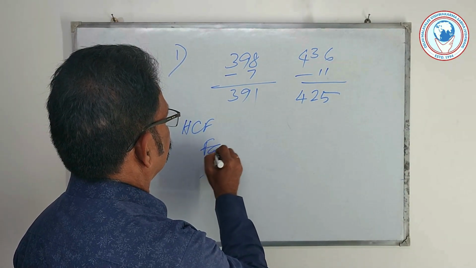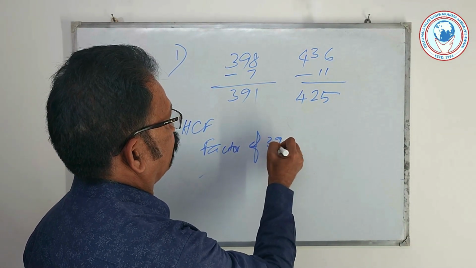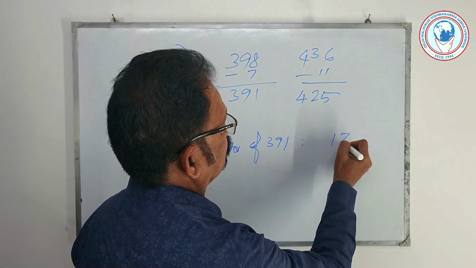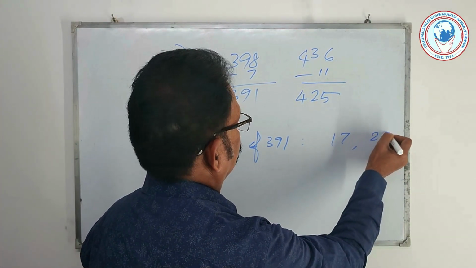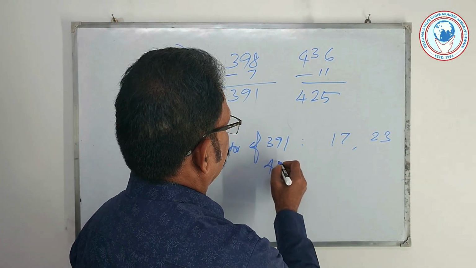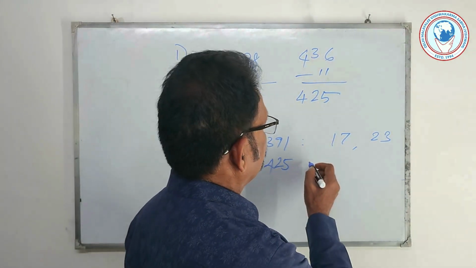Factors of 391 are 17 and 23, factors of 425 include 17.